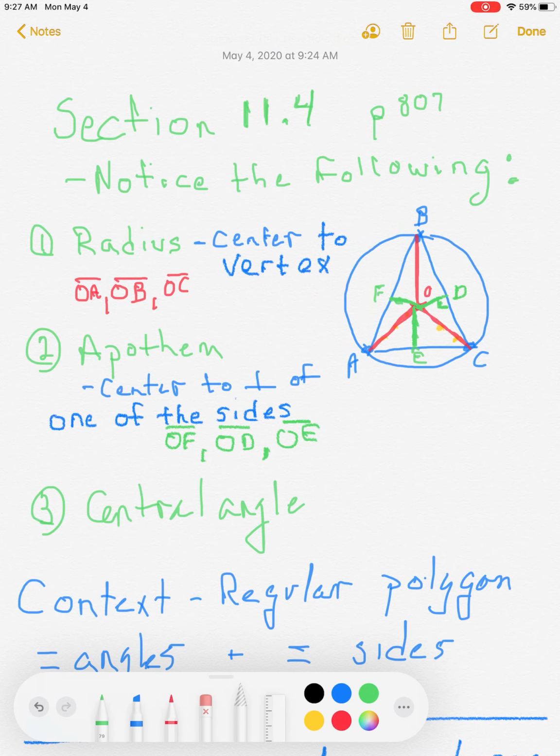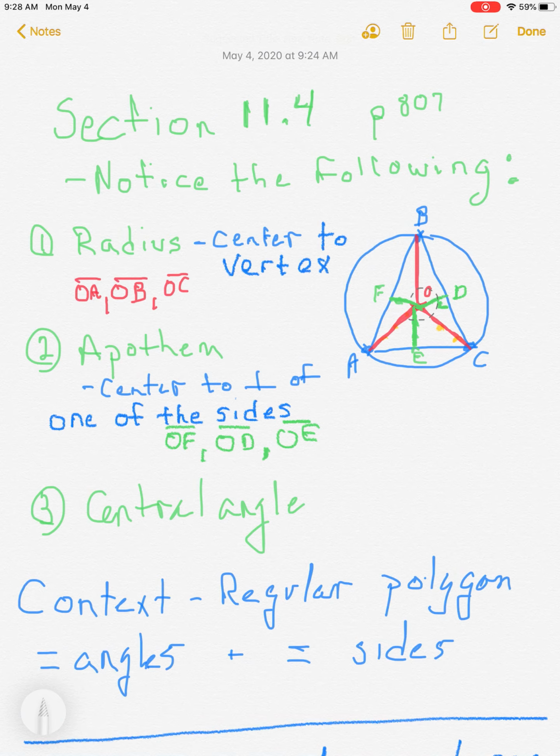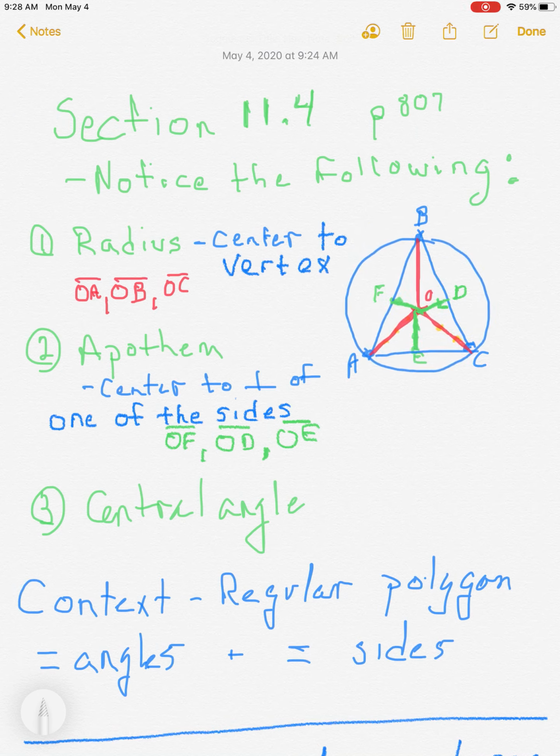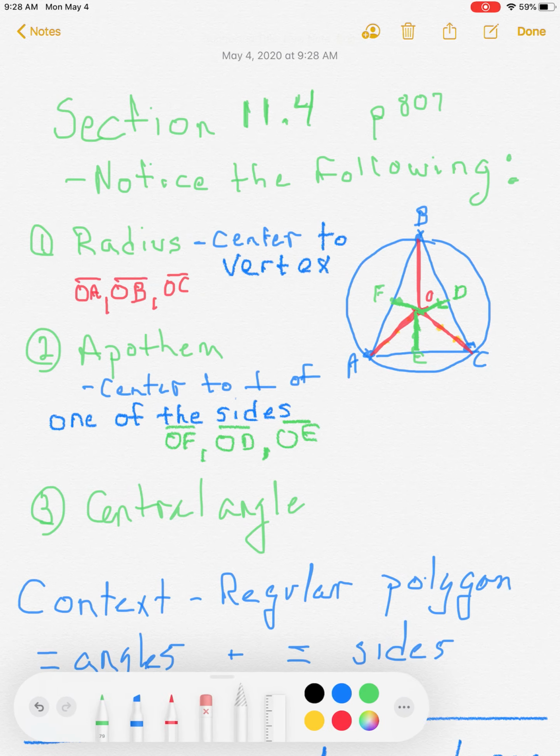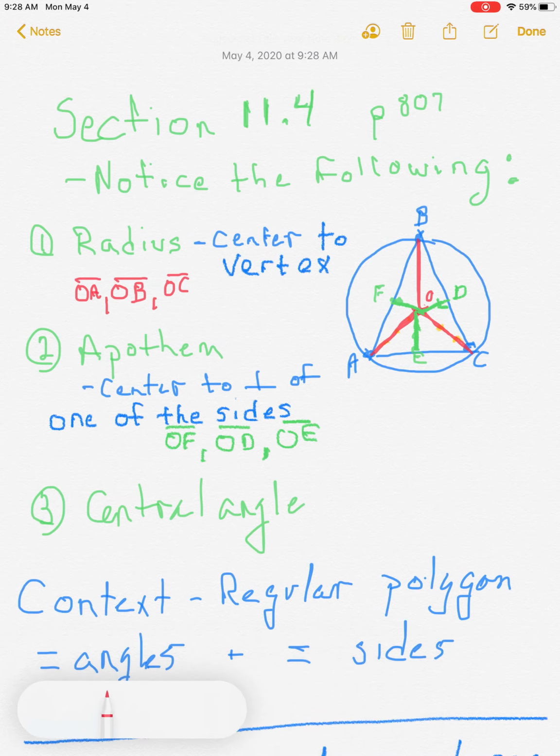I've shown the same thing. I have a center, point O here, and the radius goes from O to A, or from O to B, or from O to C. OA, OB, and OC are three vertices that are pictured in my figure of a triangle within a circle.